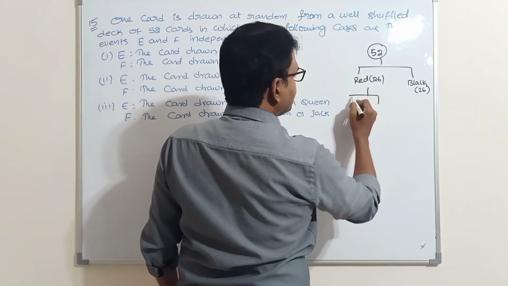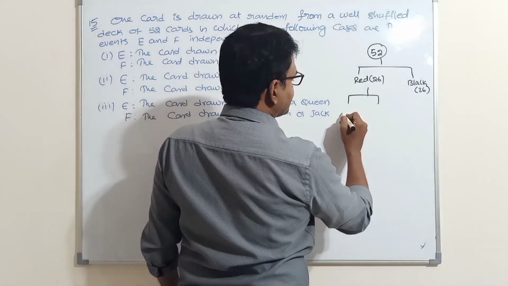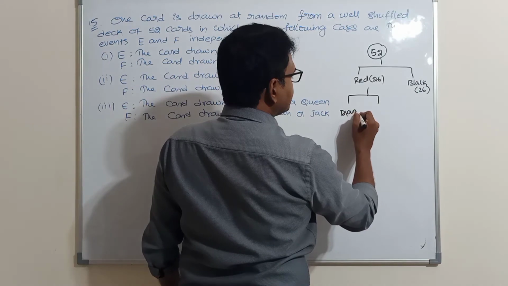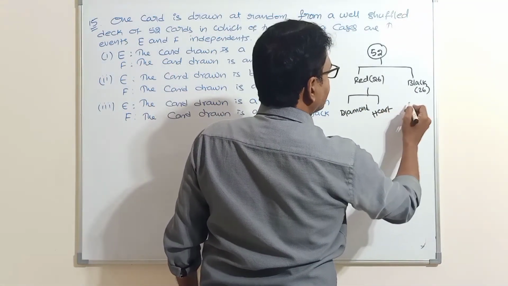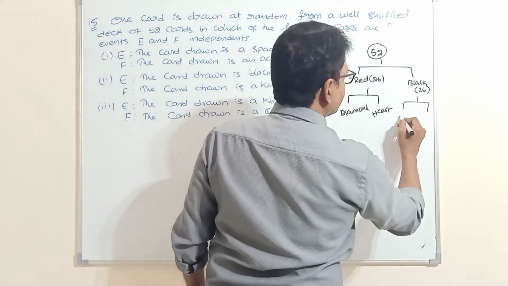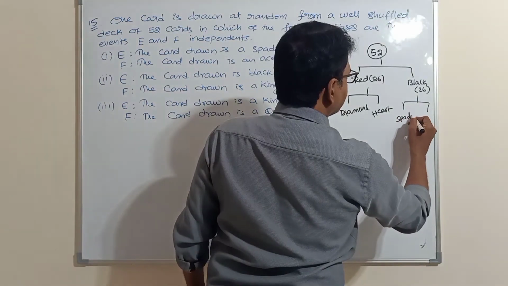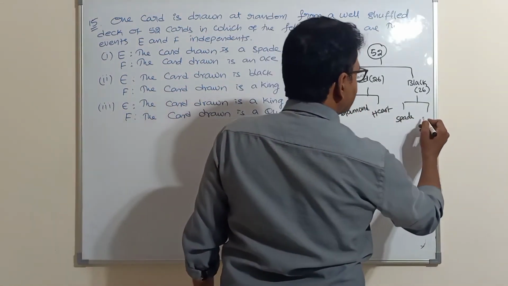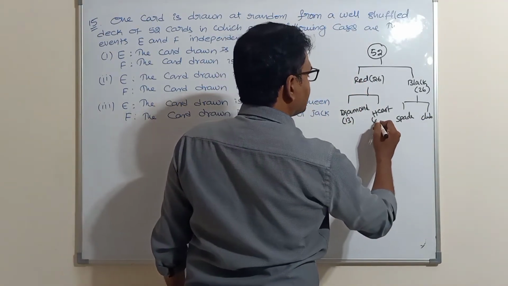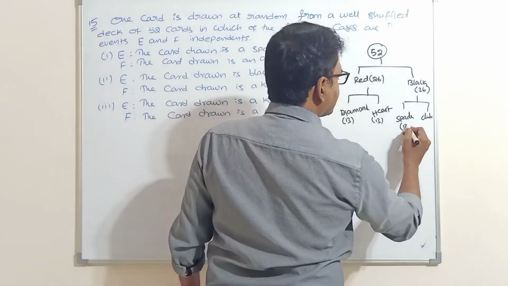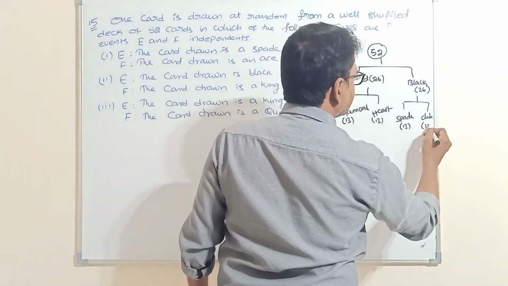Red cards are again divided into two types: diamond and heart. Black cards are again two types: spade and club. Diamond cards are 13, heart cards are 13, spade cards are 13, and club cards are 13.